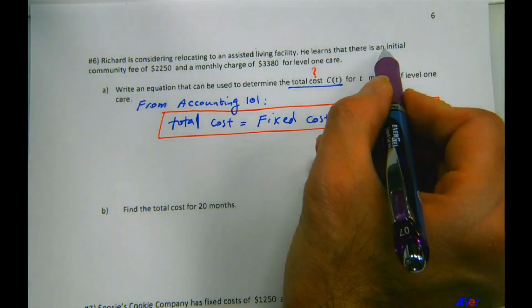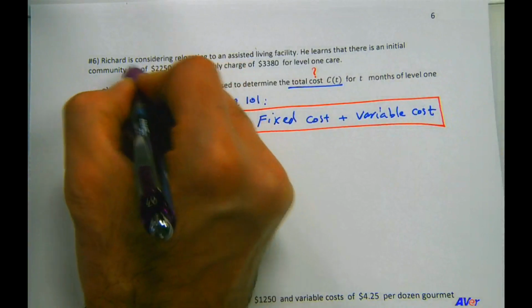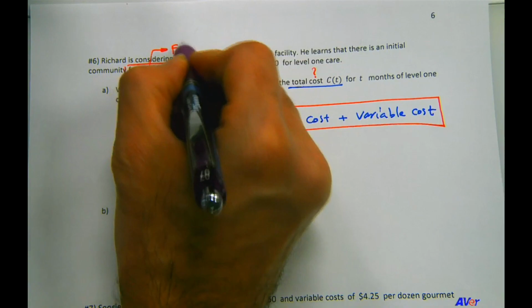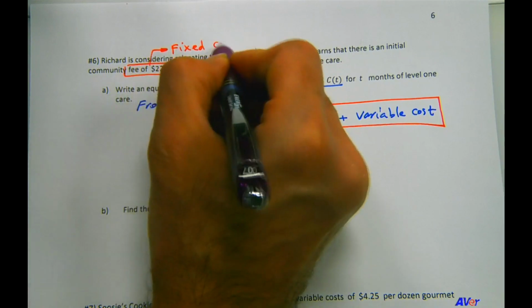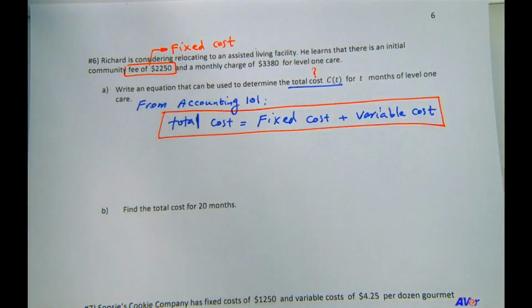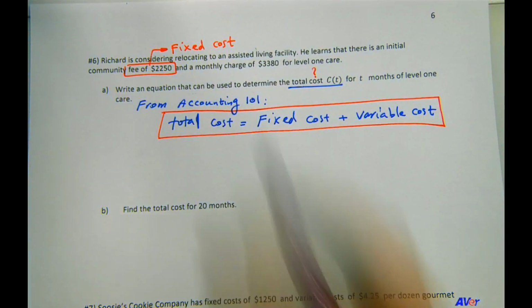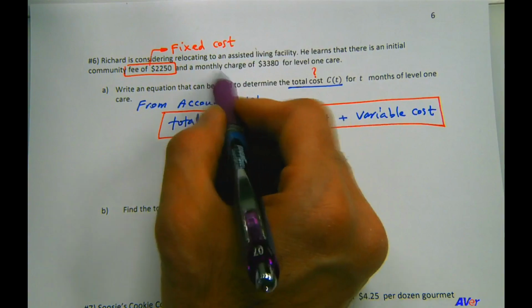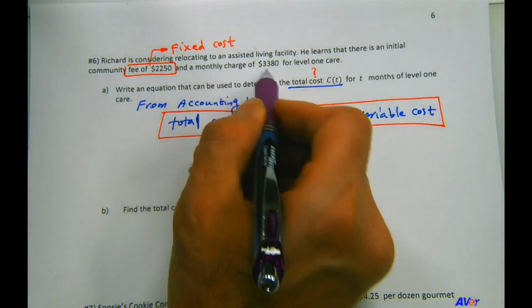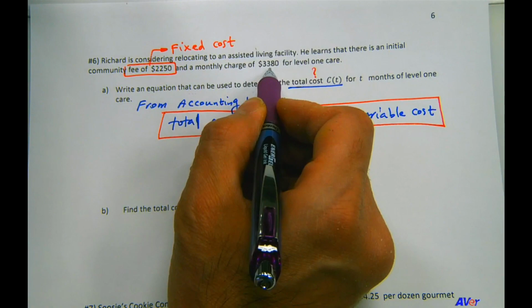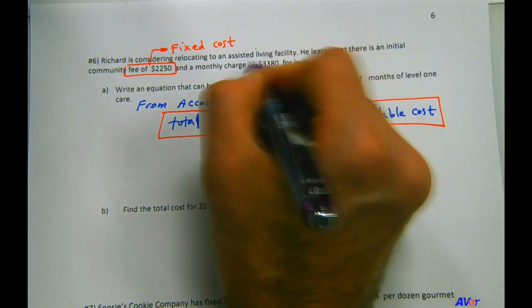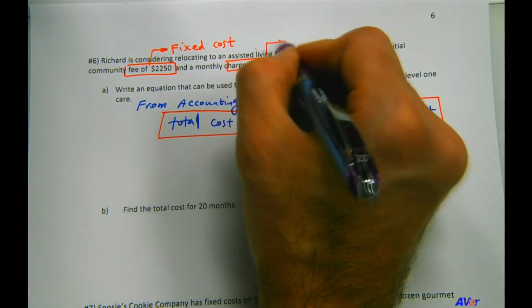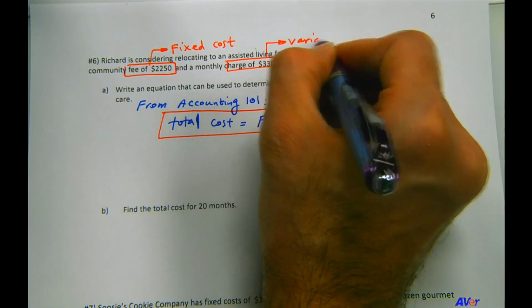So the initial community fee, that's the fixed cost. It's a one-time charge, right? Then a monthly charge, which means it's a recurring charge, of $3,380 for level 1 care. So the charge of $3,380 is the variable cost.